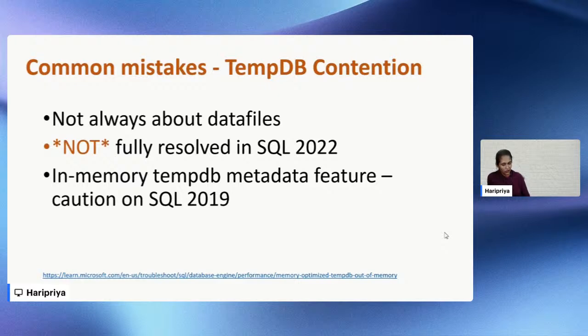That will cause the in-memory TempDB to blow out. So you have to be careful about any open long-running transactions which are basically sleeping and hold up the memory cleanup. Not only for this feature, even for version store cleanup, it does hold up the memory cleanup. So the point I'm trying to make here is, you can turn this on 22, but on 2019, if you want to turn it on, please do rigorous testing.